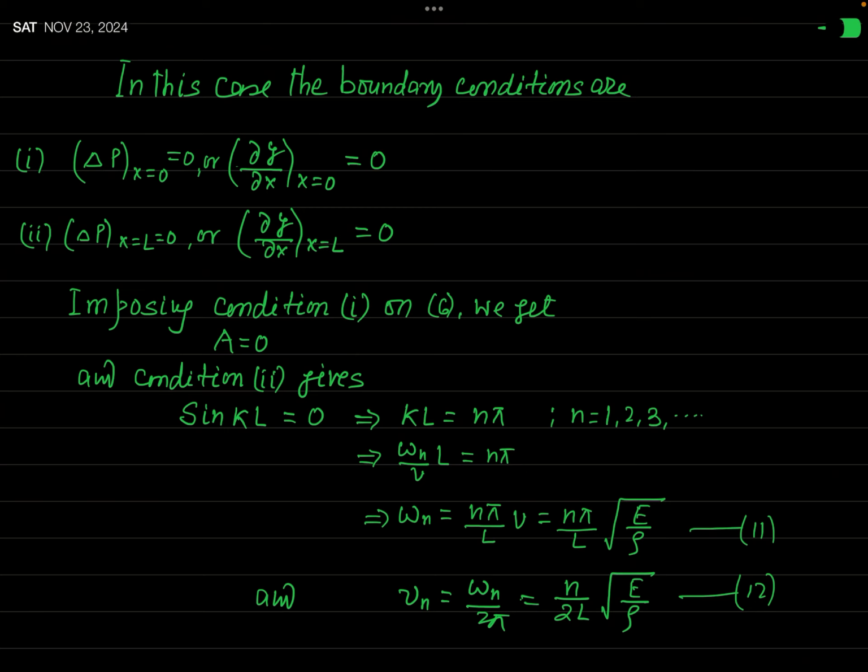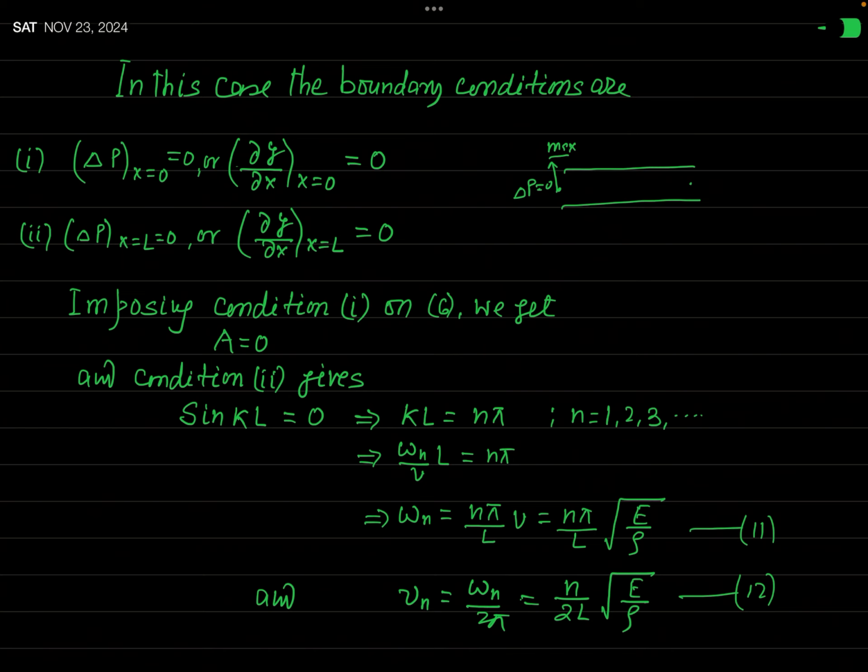As you have seen earlier, in this case the tube is open at both ends, and you have seen earlier that at the open end the displacement of the particle is maximum. Okay, and there is no pressure variation, that is delta P is equal to 0, or the strain experienced by the particle at the open end is 0.